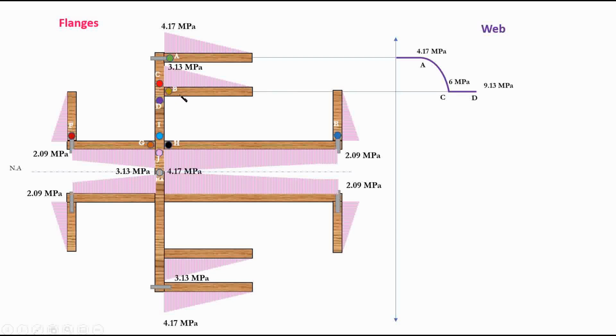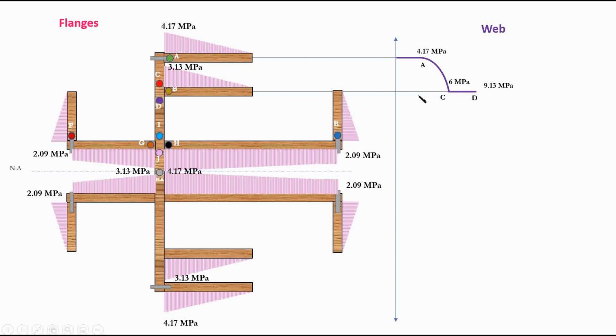Another way to explain this is that this distance is considered zero in our calculation. So this point C is just above the connection. This point D is just below the connection. So there's no distance between C and D for this to be parabolic or something like that.